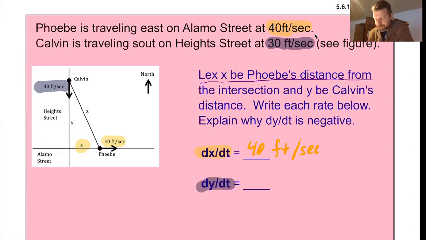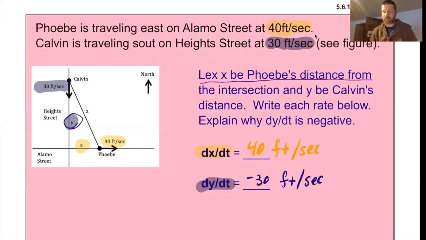dy/dt is how fast y is changing over time. Well, how fast is y changing? y is changing at 30 feet per second. But I'm actually going to have a negative 30 here. Why negative 30 feet per second? Because this distance y is getting smaller. It's not getting bigger. Since Calvin's traveling south, that y value is getting smaller and smaller and smaller, right?